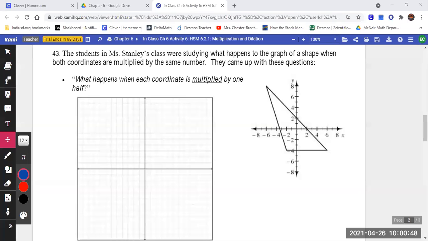If I do a half times a half, top times top, bottom times bottom, what fraction do we get?